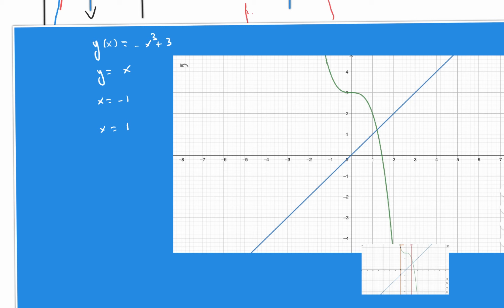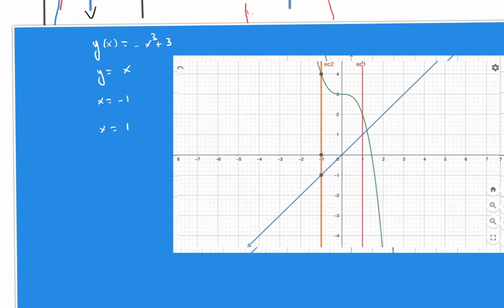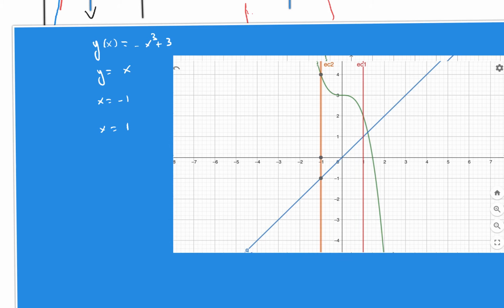So why are we doing this? We are doing this because we want to make sure that on the interval from x equal minus 1 to x equal 1, the upper function is always the upper function. So we are taking these pieces like this and summing all the pieces.